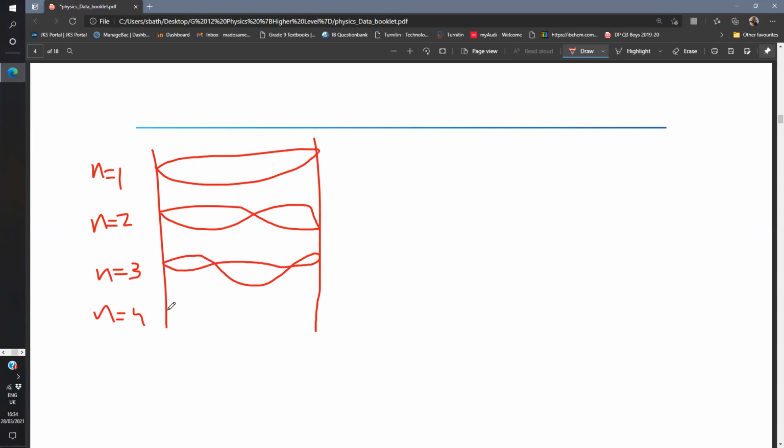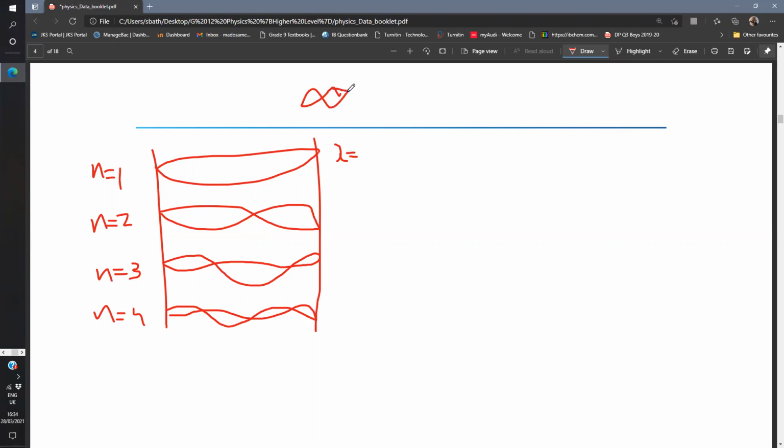Just like that. The fourth harmonic. So basically in the first one, we said that this is one wavelength.